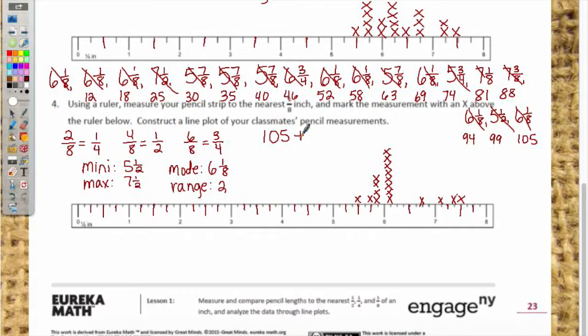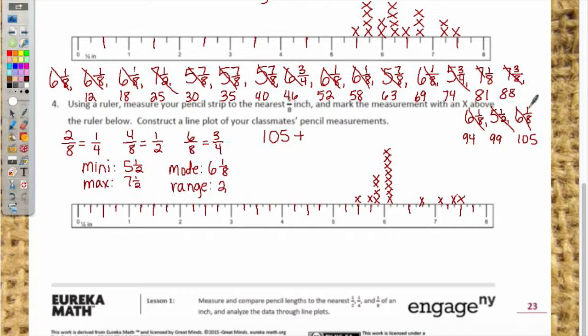I'm going to start with my 8s. Watch me. 1, 2, 3, plus 7, 10, 17, 25, 26, 33, 34, 35, 38, 39, 40.